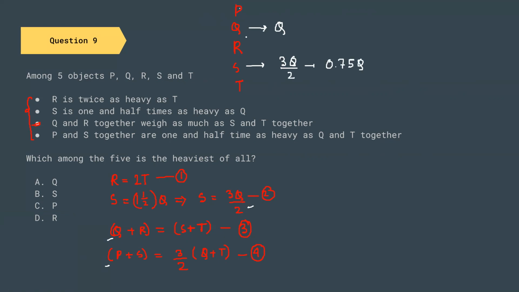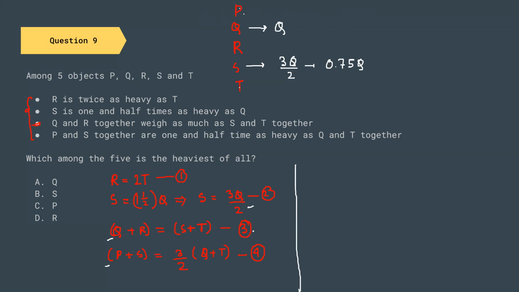So we have to find P, R, and T with respect to Q. And if we find P, R, and T with respect to Q, we can easily guess, or you can usually say, which one of them is the heaviest.